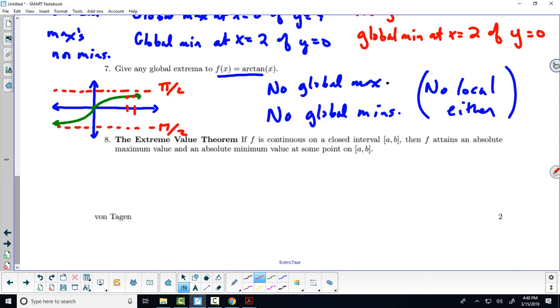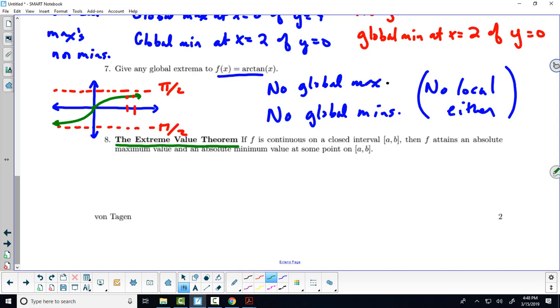Okay, so let's continue. At this point, we've had only one or two named theorems in this class. So this is our next big named theorem. We've got the extreme value theorem. What the extreme value theorem tells us is this. We want to find the global maxes and global minimums of a function.